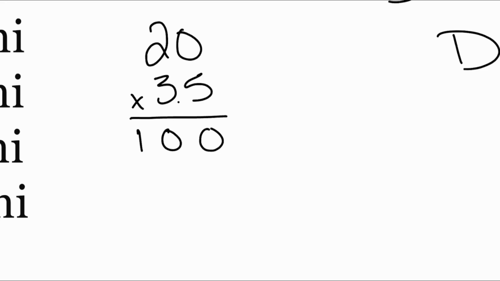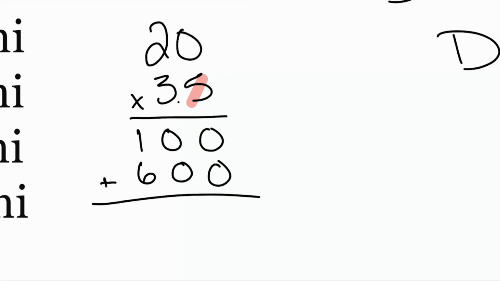So we've taken care of this right here. All good. Now let's move it over to the 3. So to make sure that we start on that place value, we're just going to put a 0 right there to just blank it out. So then we'll have 0 times 3, and then 2 times 3, and that's going to give us 6. Add all of that back up, and that's going to give us seemingly 700.